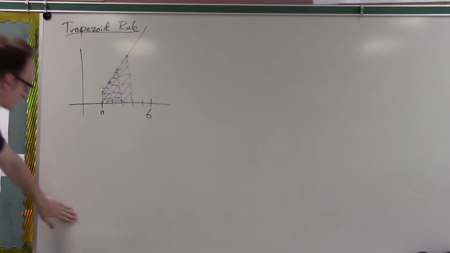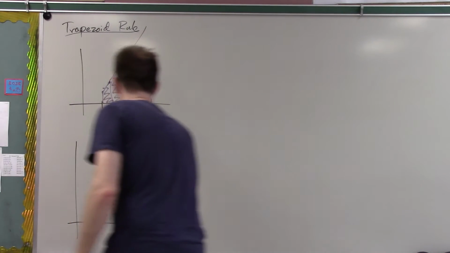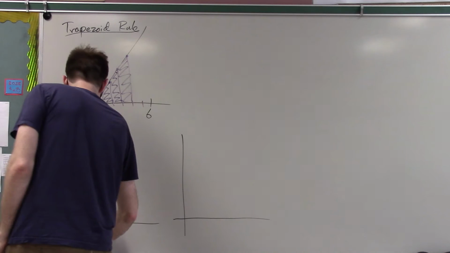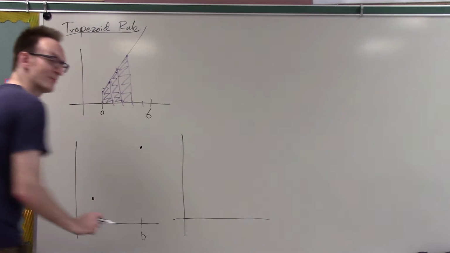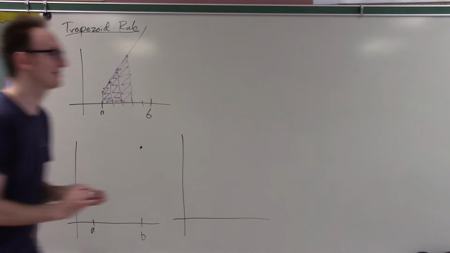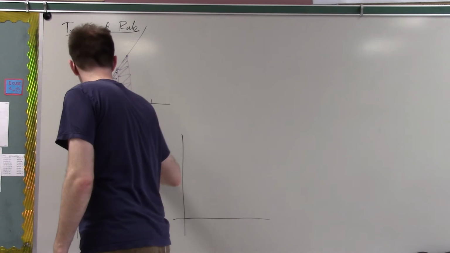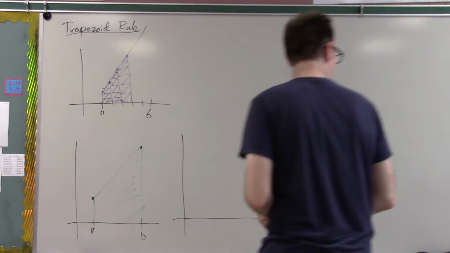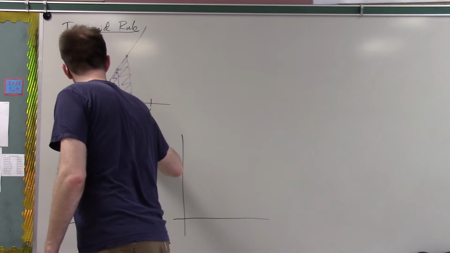So I think it's good to sort of qualitatively understand this. Suppose I was going to look at some functions which were very concave, which had a lot of concavity. Suppose I was going to estimate this interval with one subinterval. Then the trapezoid rule tells me that this is the amount of area under that curve, right? But suppose that the true function looks like this.